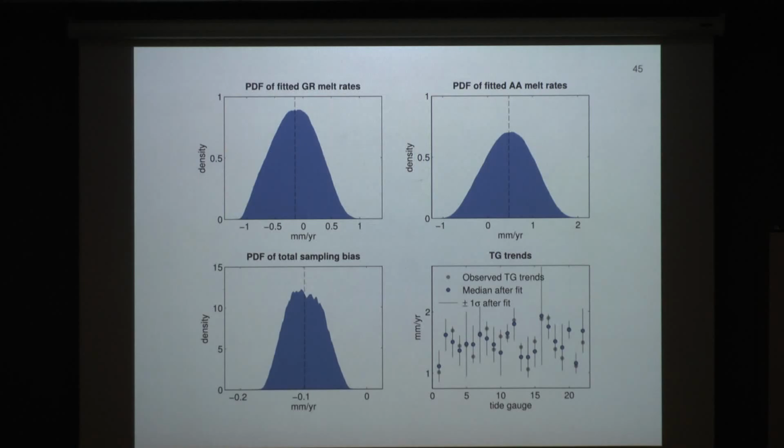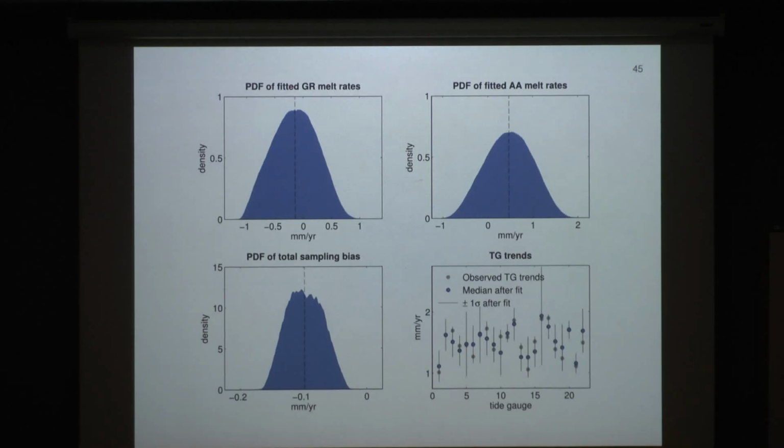Clearly that's not the case though. This distribution of these amplitudes when I try to fit them is quite broad. The distribution of the Antarctic ice sheet is skewed toward the positive, but there's still a 1 in 5 chance based on this PDF that it could be negative, so I'm not even sure I can really say that the Antarctic is positive either.